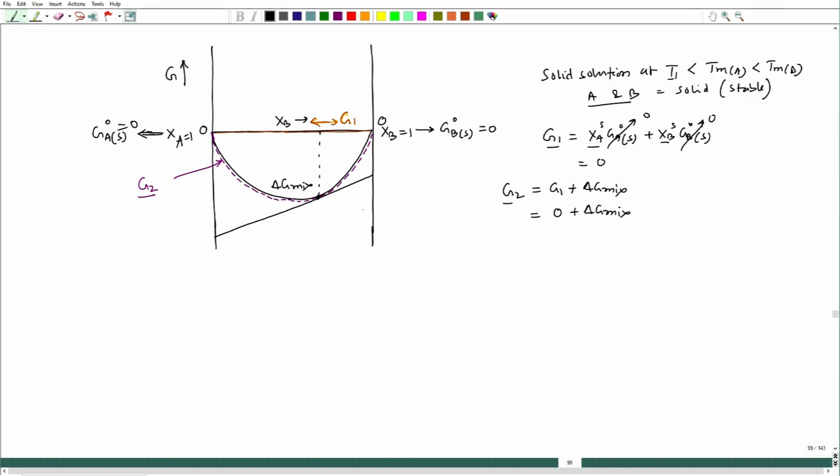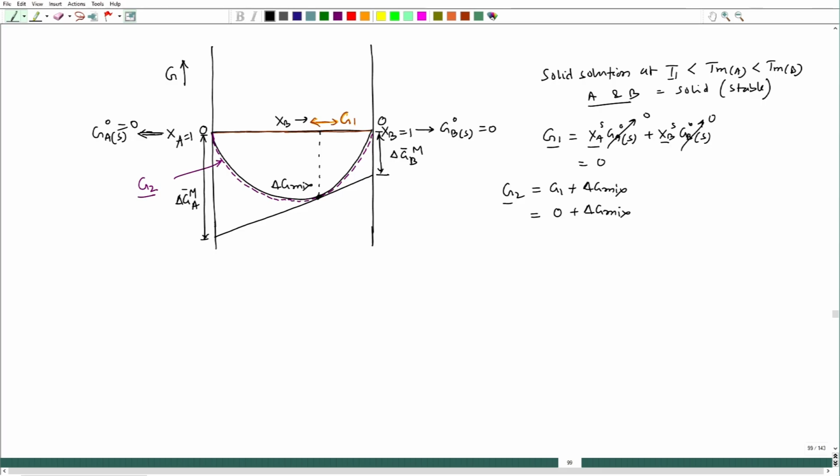That tangent over the delta G mix plot gives this quantity, which is nothing but delta G B bar M, and this quantity, which is delta G A bar M.